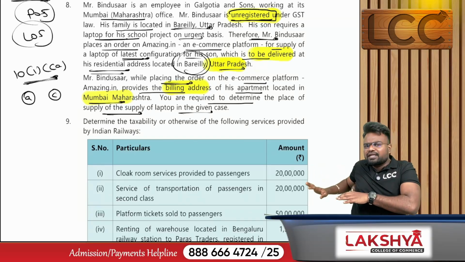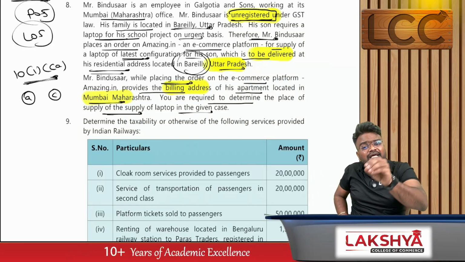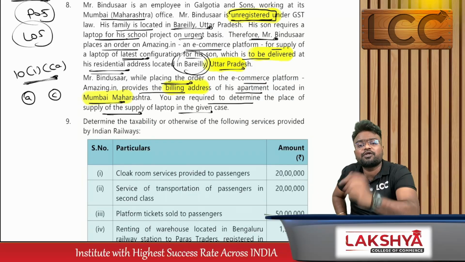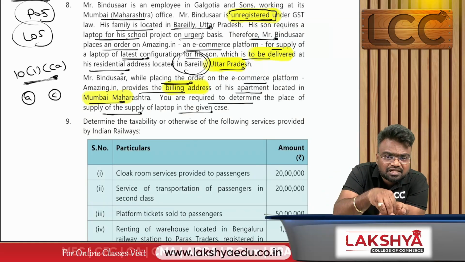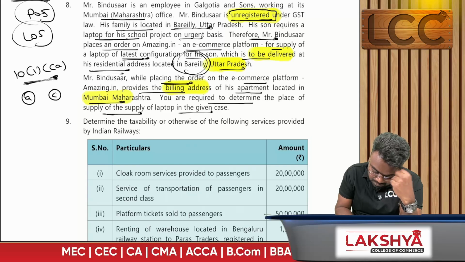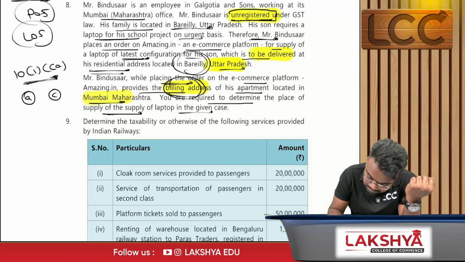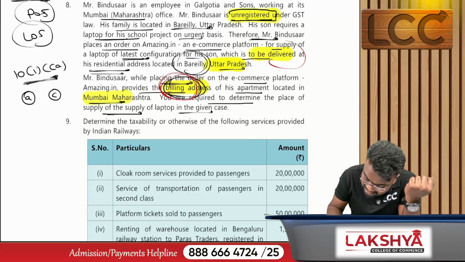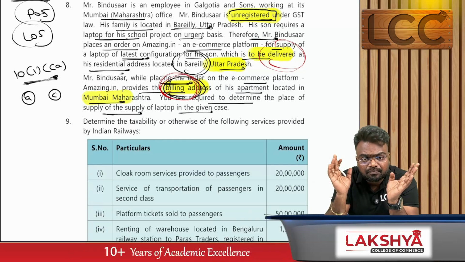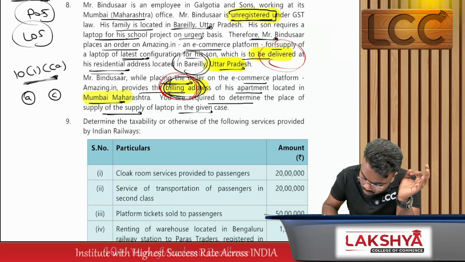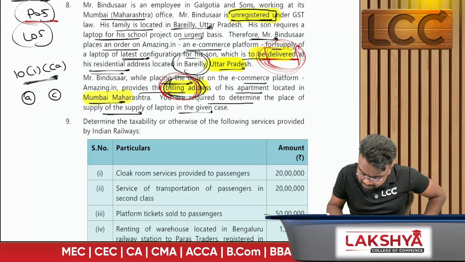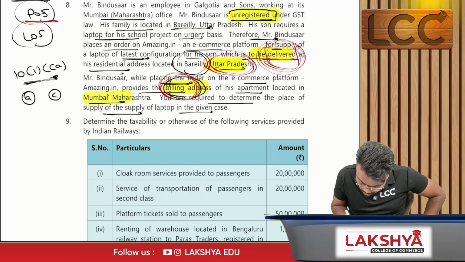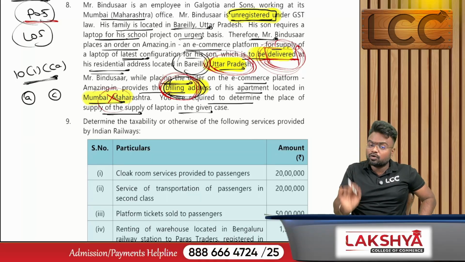Let's keep billing and delivery aside, but tell me, where is the laptop going to be used? It is in Uttar Pradesh, right? The place where the product is delivered. Hence, if the billing address and delivery address are different, the location of delivery is taken as the place of supply. That means the place of supply in the given question is Uttar Pradesh, not Mumbai, Maharashtra. I hope this is clear.